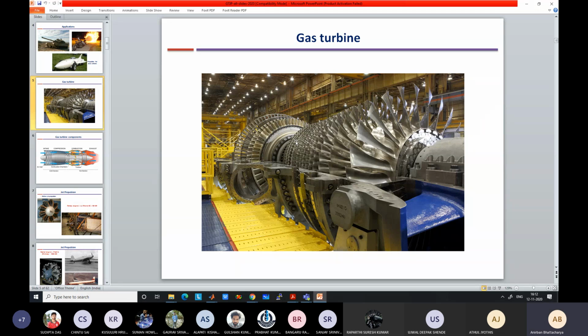Longer, and the last stage blades will be smaller. Gradually the blade length will shorten, right? Why will this happen? Specific volume will decrease. Density will increase because of high pressure. The compressor is increasing the pressure, and pressure increases at a higher rate as compared to temperature, so pressure has the most effect on the density.